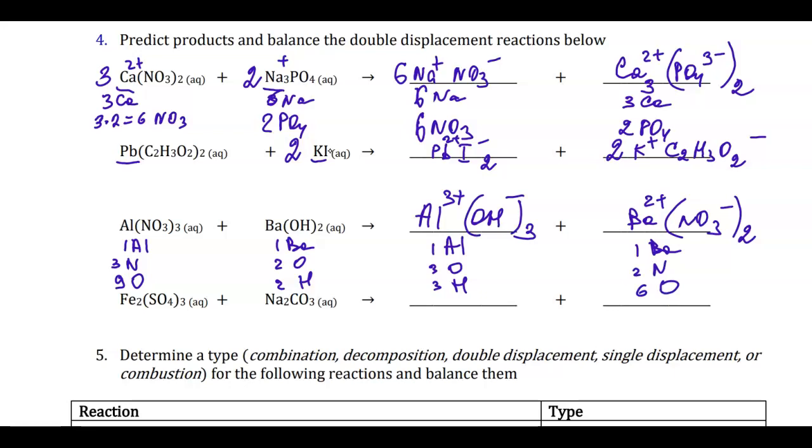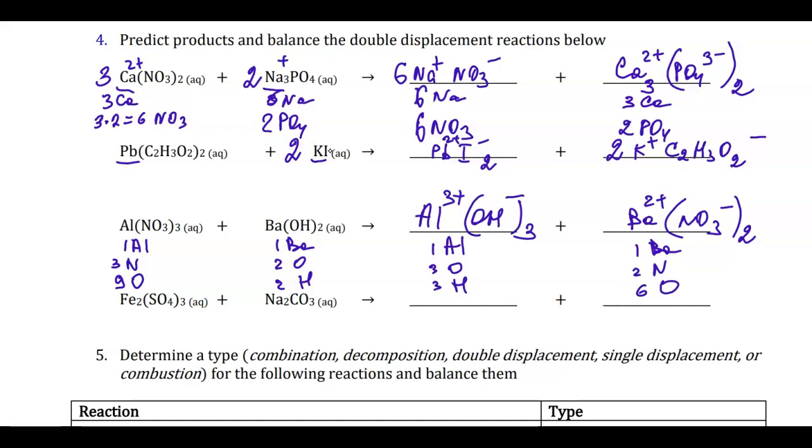So, and you can see it's kind of off. We need to find what is different. So aluminum, it's fine, it's balanced, right? Barium is balanced. Oxygen, I think, is not balanced. Oxygen and hydrogen are not balanced too, right?